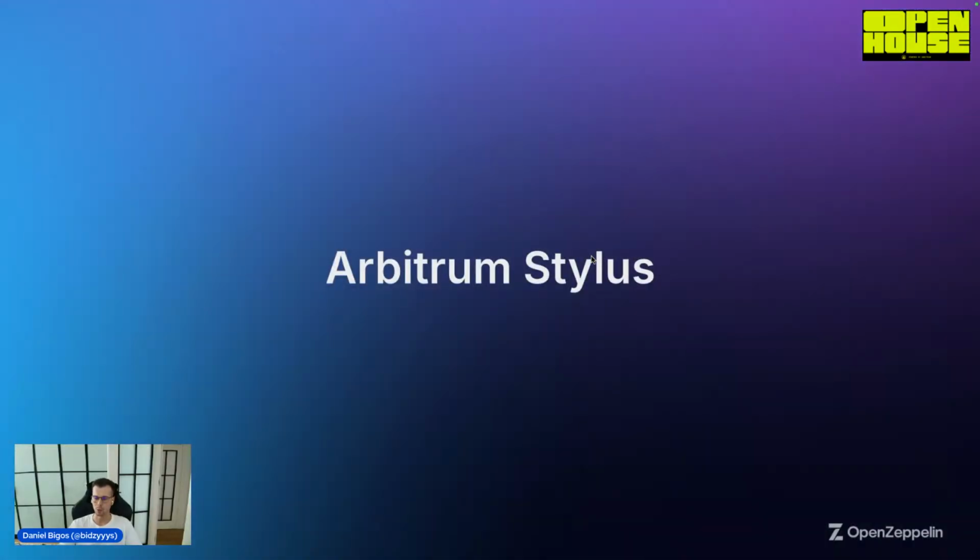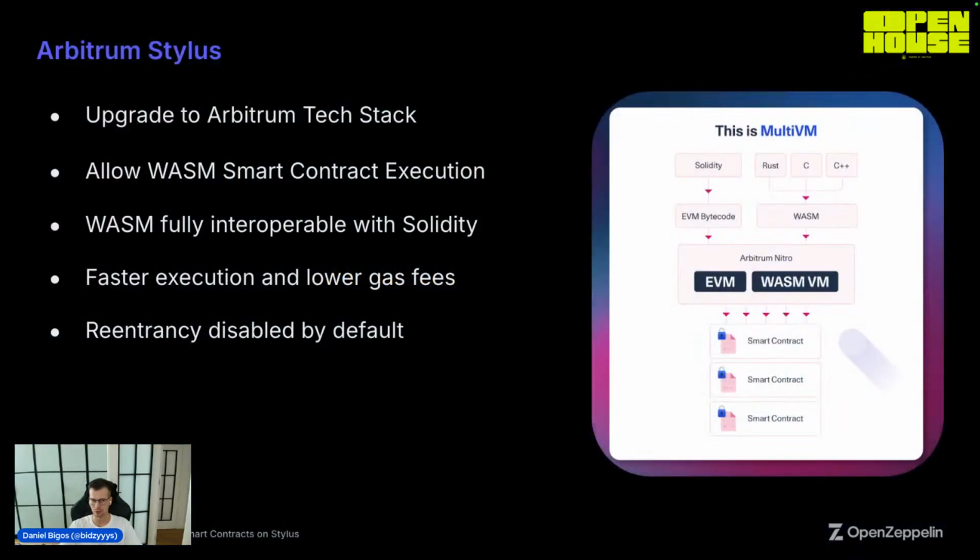So let's begin with a very simple question. What is Arbitrum Stylus? Arbitrum Stylus is an upgrade to the Arbitrum technology stack that allows WASM smart contract execution. Before the upgrade was made, Arbitrum chains only allowed executing EVM bytecode, EVM smart contracts.